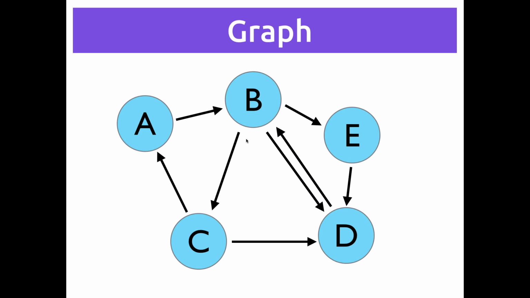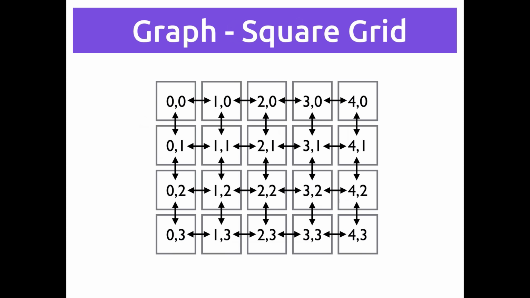And so in most 2D games, we're representing our map as a grid of squares. And so your graph could be a grid that looks like this, where each tile on the grid is a node, and the connections are all of the edges. Each node is connected to its adjacent neighbors.